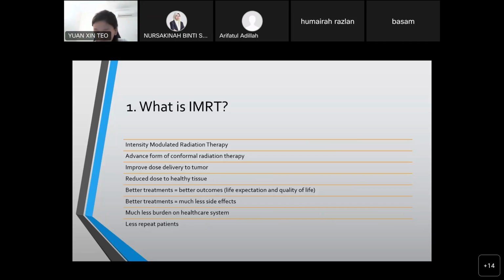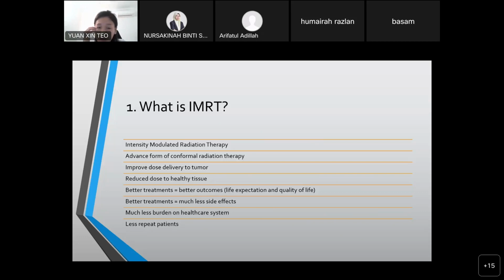And there are also fewer repeat patients. If we are using 3D techniques, there is part of the tumor we may miss treating, because the dose to the tumor may not be enough to kill the tumor cells.